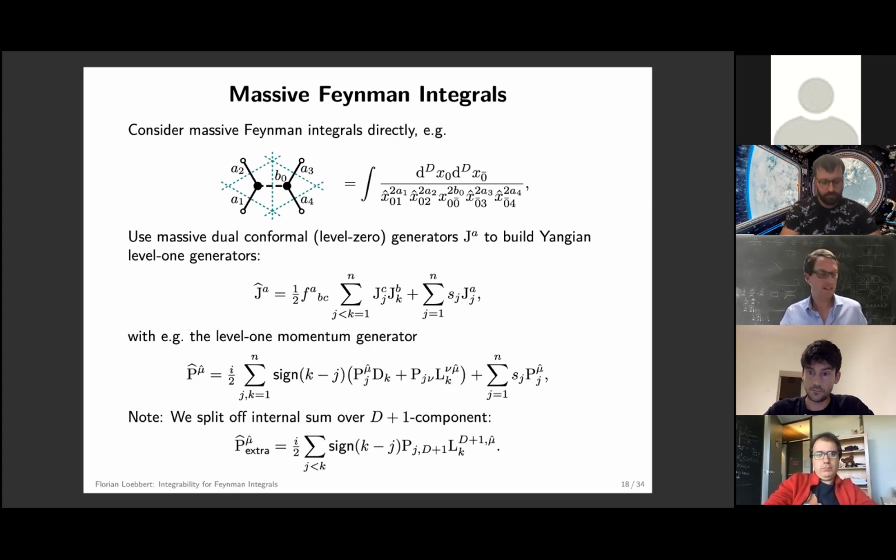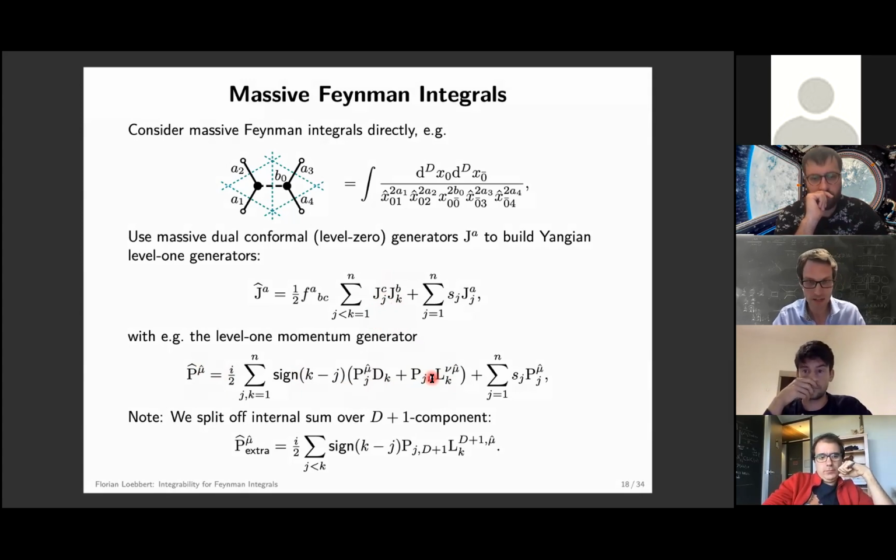So in the massive case, just to repeat, I want to construct the level 1 generators in the same way, just using these massive densities. And well, this is just a bit ad hoc. I write down the same generators. Here I have naturally now a space-time index that runs over 5 dimensions. And also here this nu would usually be summed over 5 dimensions if I would just write down the thing as a 5-dimensional level 1 generator.